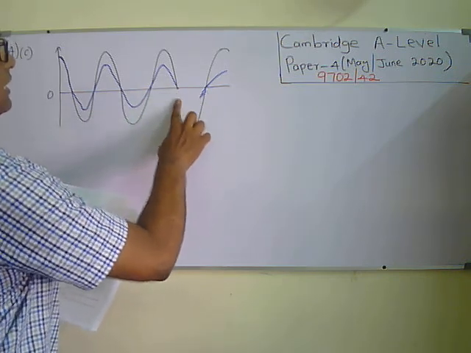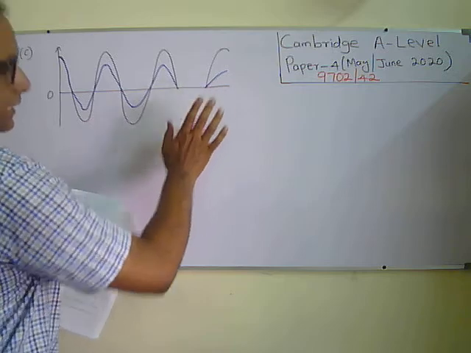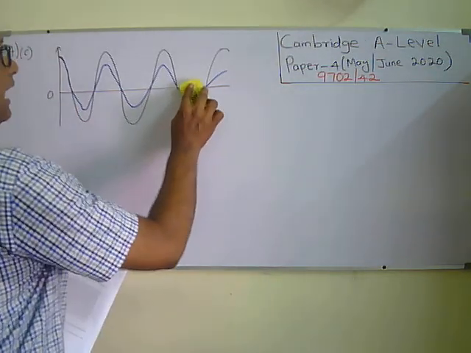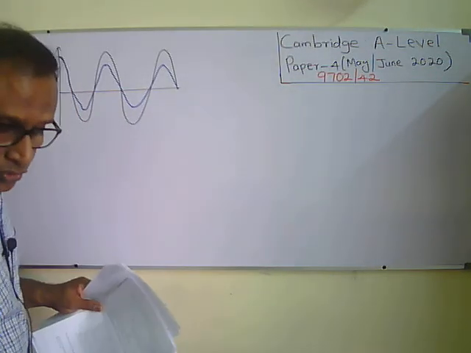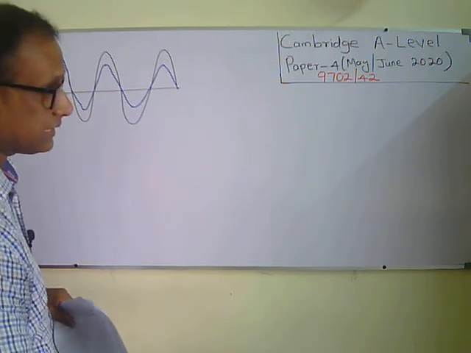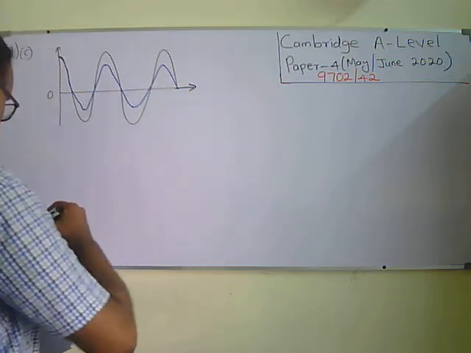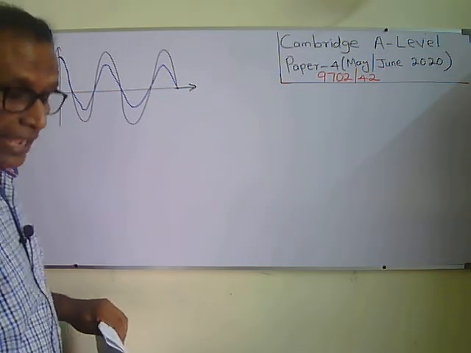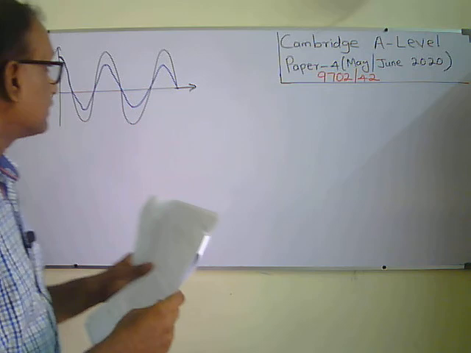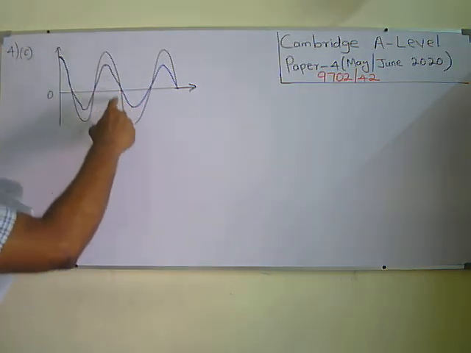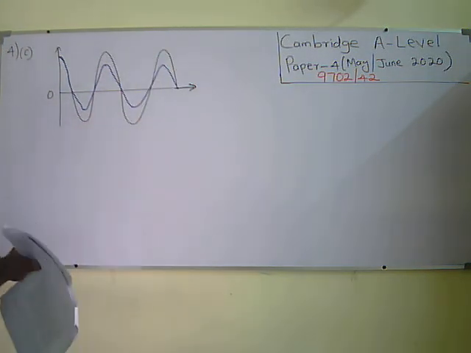First 5 seconds, after that they asked to draw. During light damping, it is important you must know the period of oscillation remains the same. The period of oscillation will not change during light damping, the only thing is the amplitude will gradually decrease. The black color graph is the given graph on the question paper.